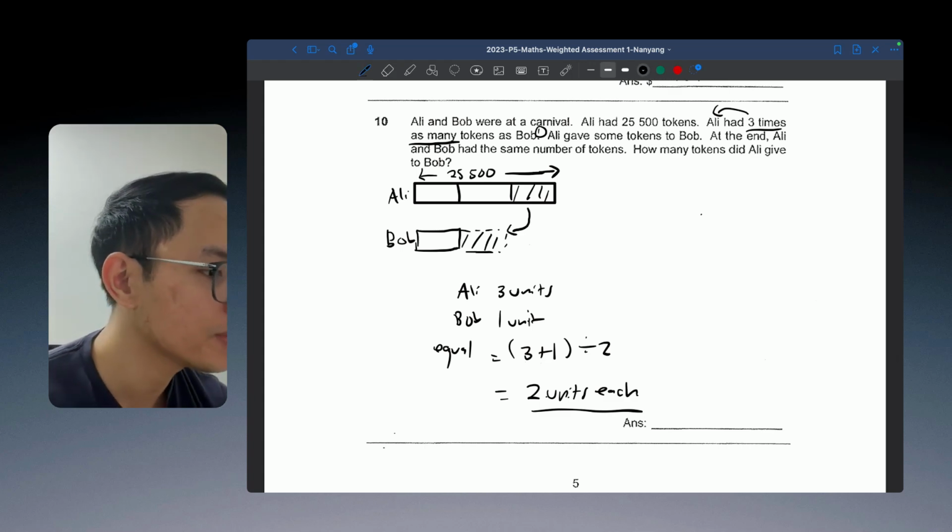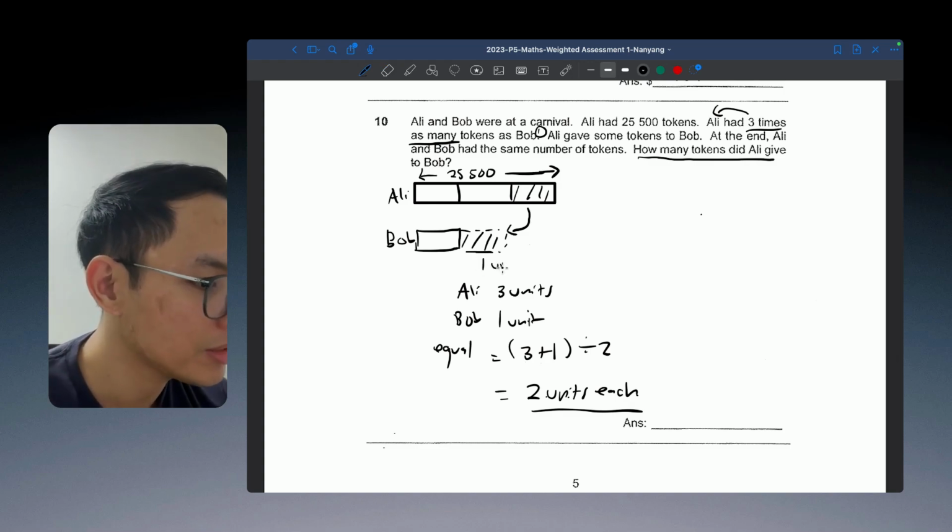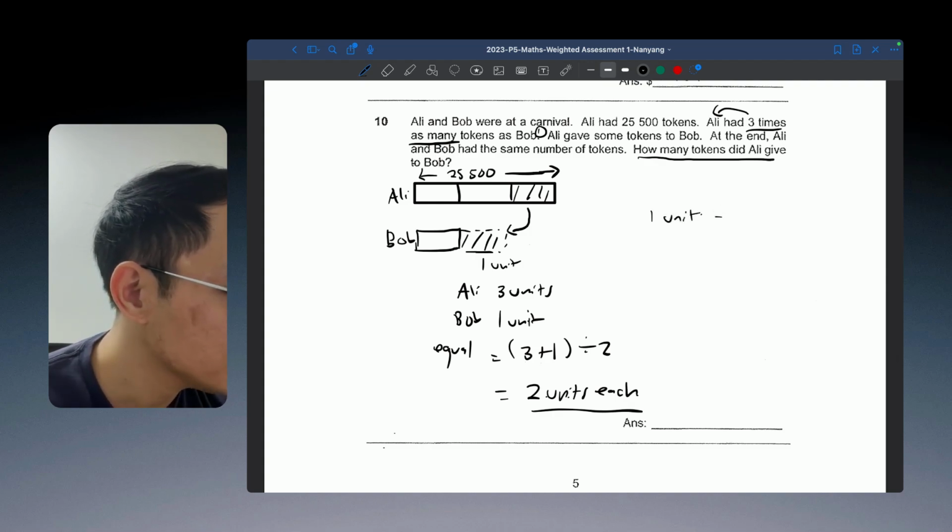That's what you see over here. So how many tokens did Ali give to Bob? He gave 1 unit. And 1 unit of Ali is essentially 25,500 divided by 3.